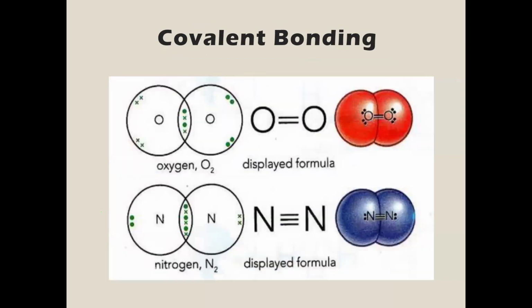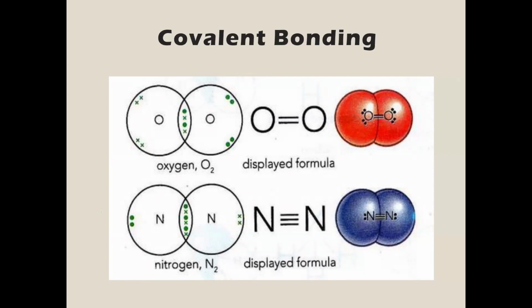The same for oxygen. Oxygen forms a double bond. Each bond needs a pair of electrons. So to form this double bond, we need 2 pairs of electrons. Oxygen has 6 electrons in the outermost shell, because the atomic number of oxygen is 8. So the electron configuration is 2 and 6.